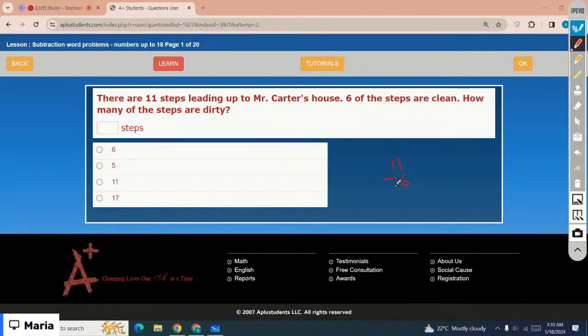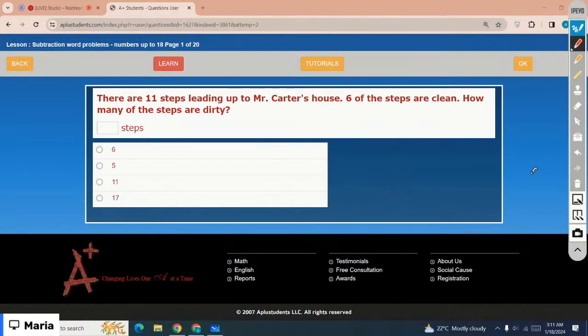So you need to do 11 take away 6. 11 take away 6 equals, yes, that is 5.